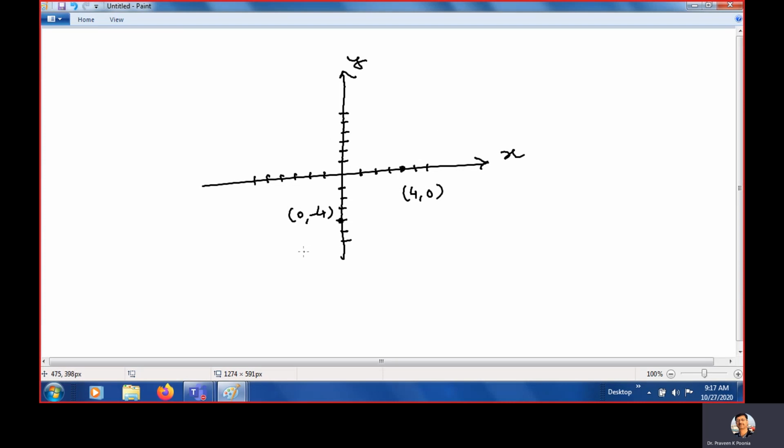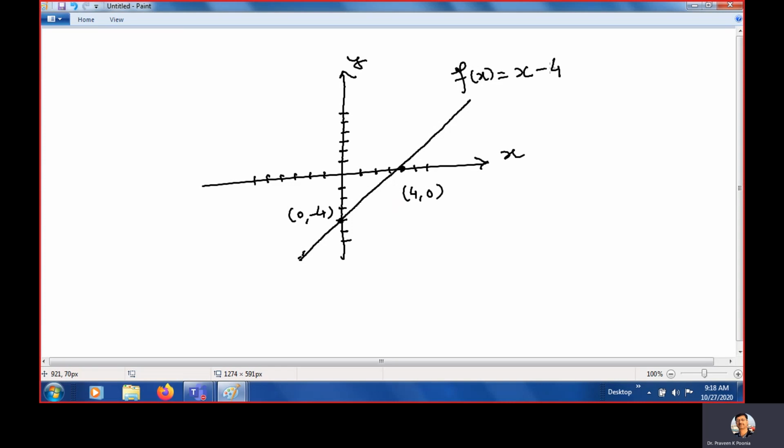So now we need to draw a line that passes through these 2 points. And how can we draw it? Oh, sorry, again. What is this line? This is f(x) equals x minus 4.